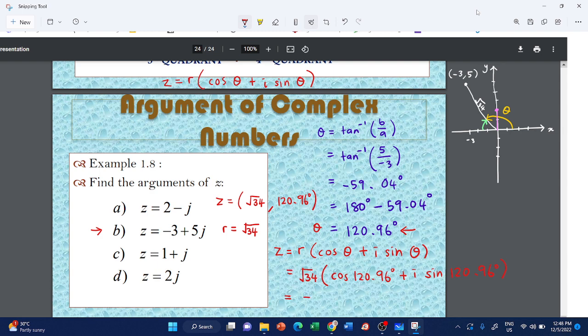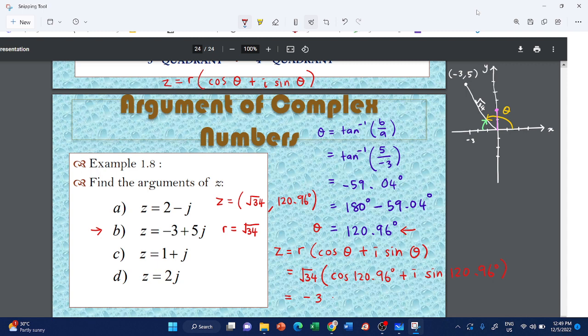The first part, cos 120.96 times square root 34. You must get -3 if we round off correct to 2 decimal places. You get it?